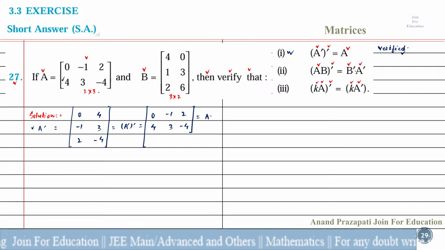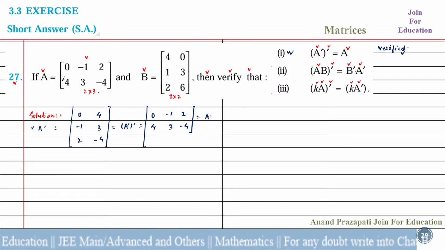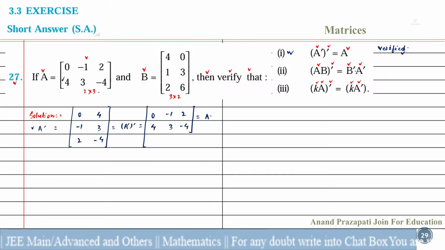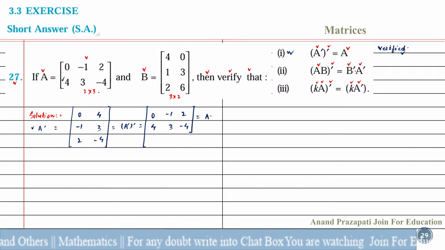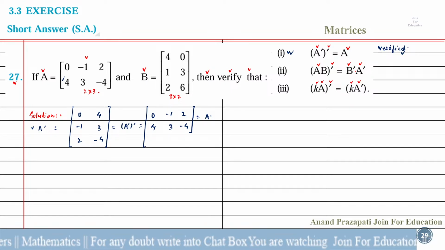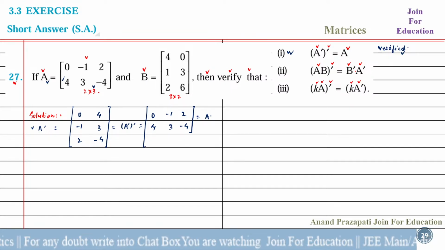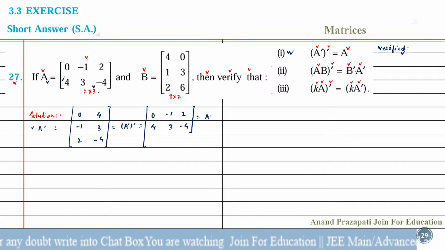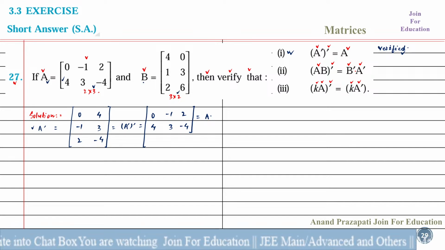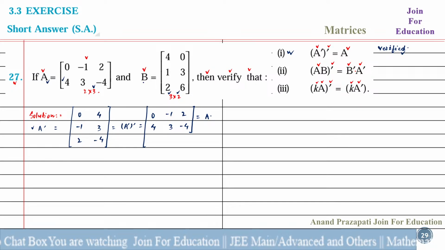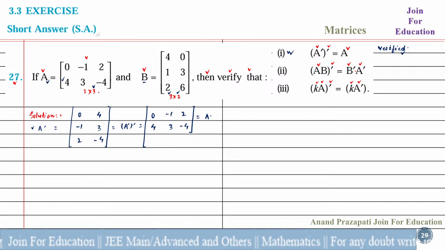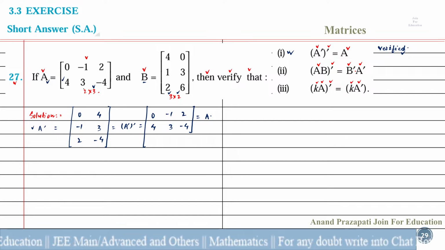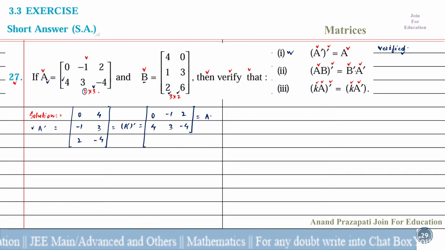Now we find out A into B. So let's see, the order of A is 2 by 3 and the order of B is 3 by 2. So the number of columns of A is equal to the number of rows of B. Therefore the product of A and B is possible, and the order of A into B will be 2 by 2.